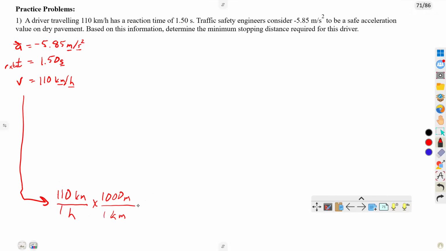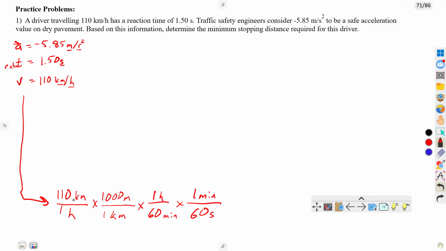And then the number of seconds. If you look in the data booklet, it actually tells you the number of seconds in an hour, but I'm going to do it a little bit differently. 1 hour equals 60 minutes, and 1 minute equals 60 seconds.